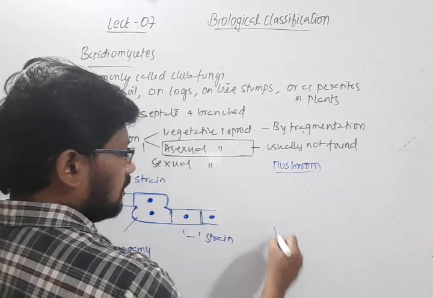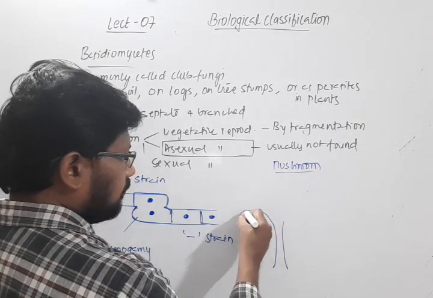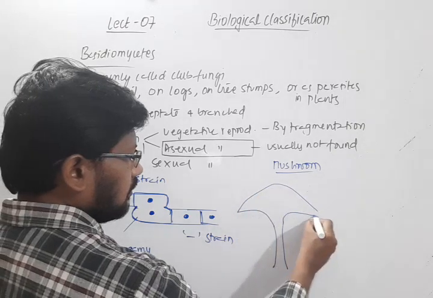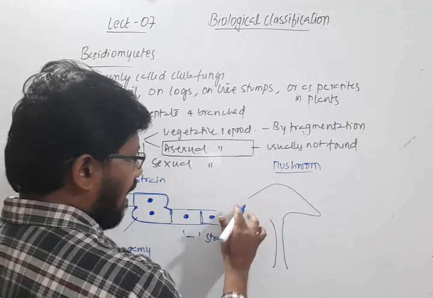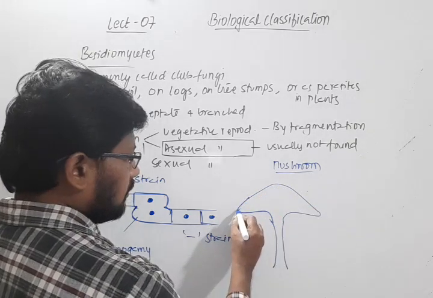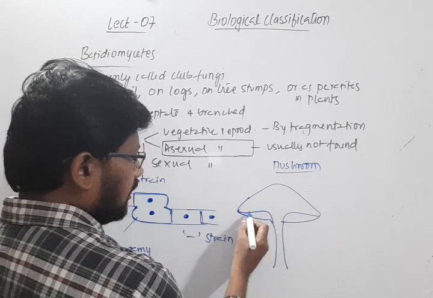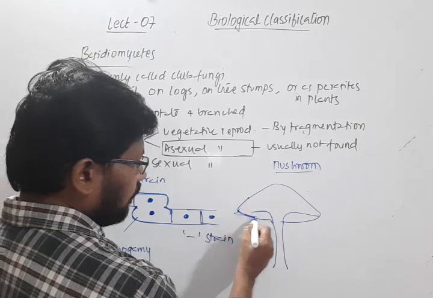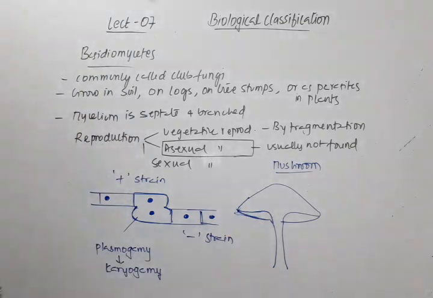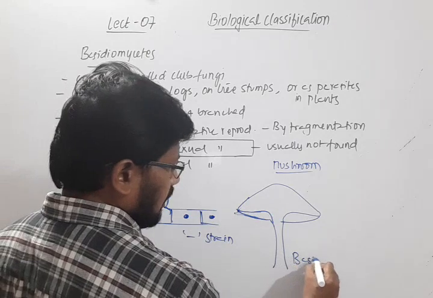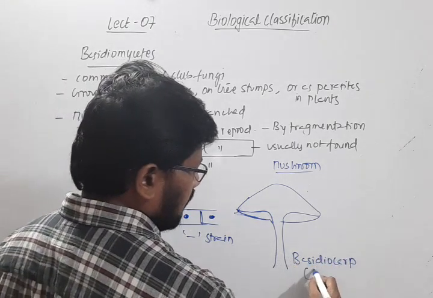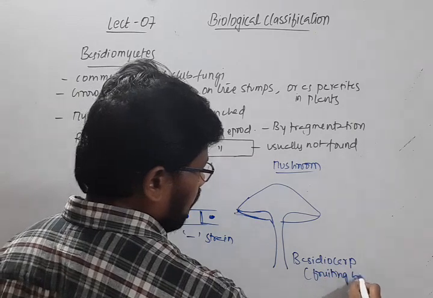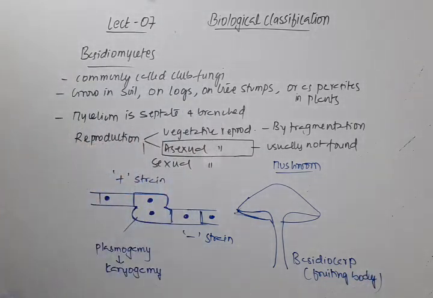This is the fruiting body, what we call basidiocarp. The resultant zygote will develop into this basidiocarp or fruiting body.